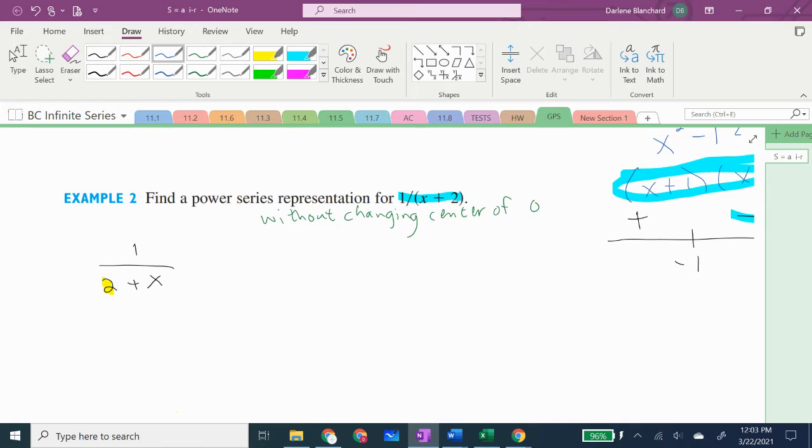So either you see if I multiply top and bottom by 1/2, that'll happen, or you see that the denominator, I can factor a 2 out of there. And whether you see it one way or the other way, you are winding up getting a 1/2 multiplying by 1/(1 + x/2).